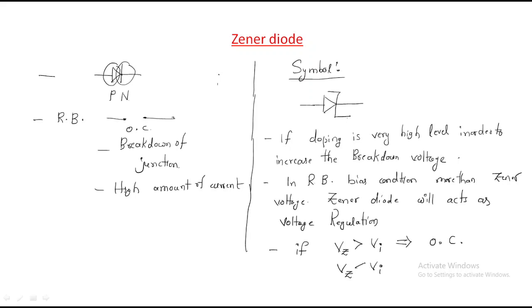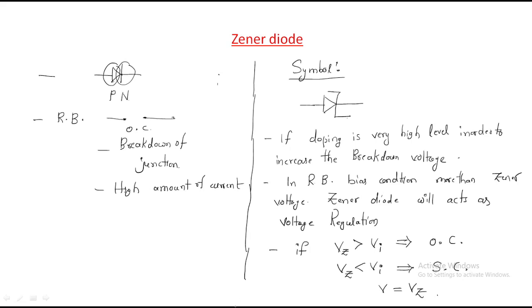If the input is more than the GNR voltage, it will act as a short circuit, and the output voltage it gives always shows the GNR voltage. So by using this phenomenon, we use the GNR diode as a voltage regulator.